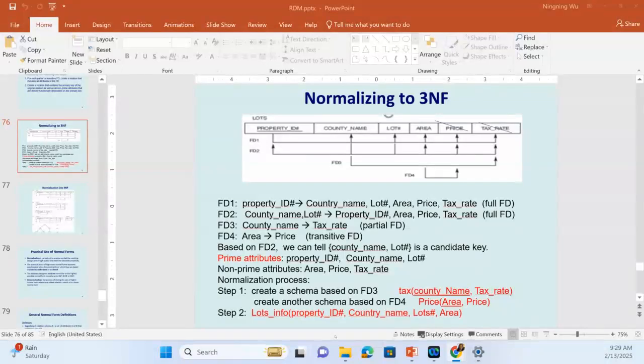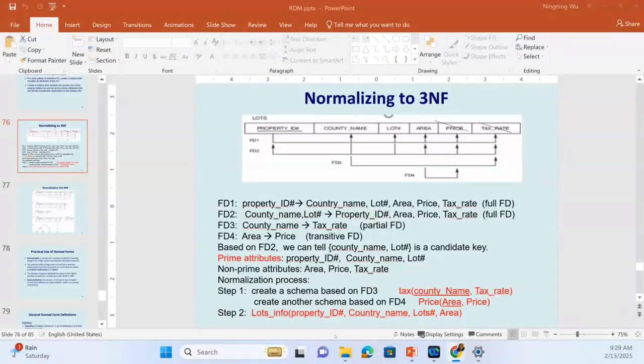If a relation schema satisfies the second normal form, then we go to the next normal form, the 3NF, or third normal form. For the third normal form, we require that every non-prime attribute must be fully and directly dependent on the key, on one of the keys.